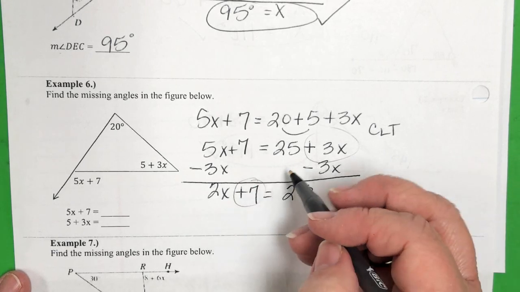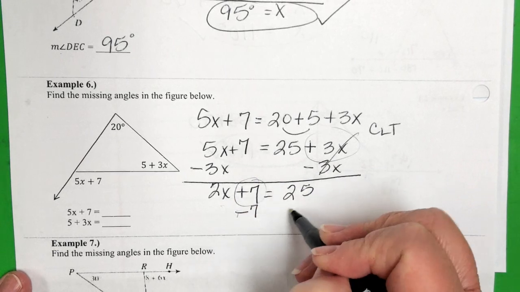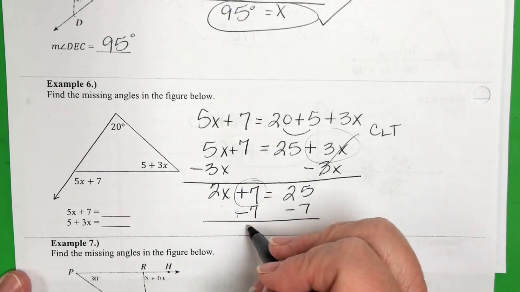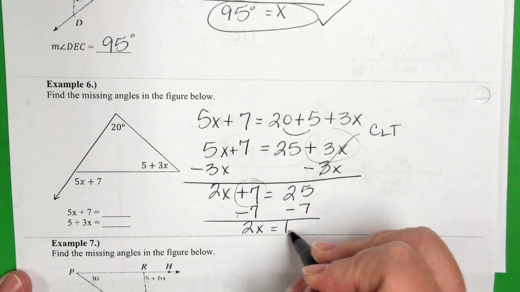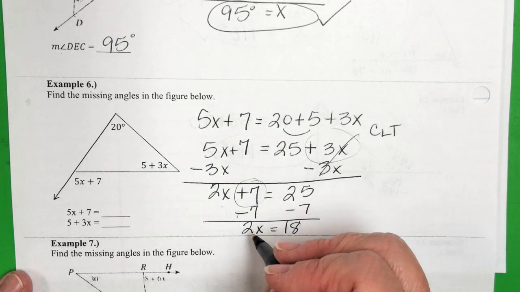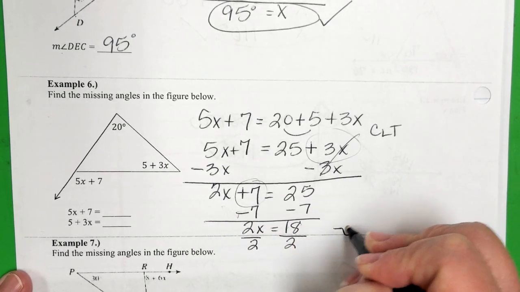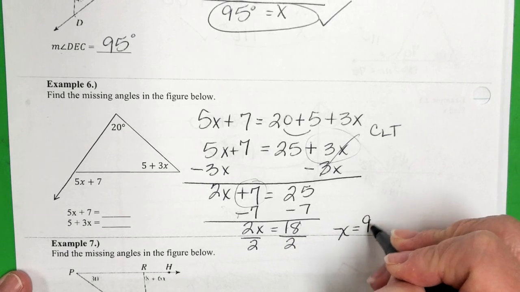Next, I'm going to move the 7 by attaching minus 7 to both sides. 2x equals 18. Now I have the constants separated from the variables, I'm ready to divide. Division by 2. X equals 9.